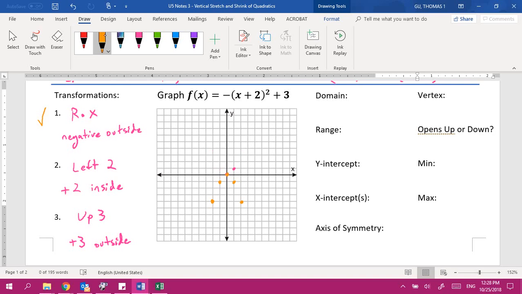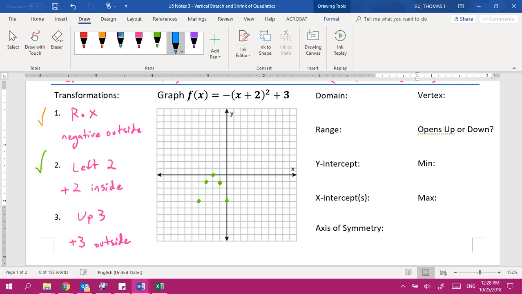So now I erase my original ones because those have been transformed. What is my next transformation? To the left 2. So now I'm going to take all of these points that have been reflected and move them all to the left 2. So right here, right here, right here, here, and here. So now I've moved all my points to the left 2 more spaces.